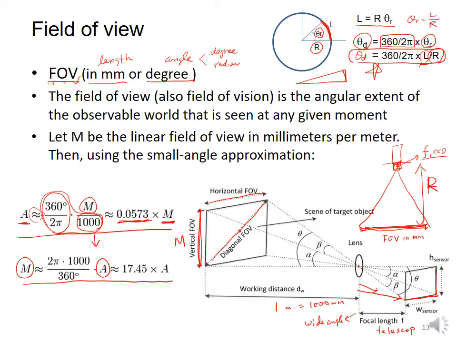But another issue is working range. The camera should have a proper working range that has a focused area. In order to work in this area, the image of the object should be focused from here to here.